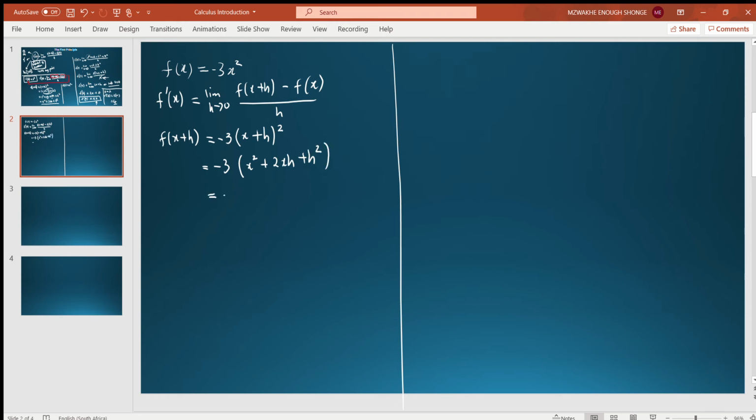Multiplying throughout by minus 3, you get minus 3x squared minus 6xh minus 3h squared.